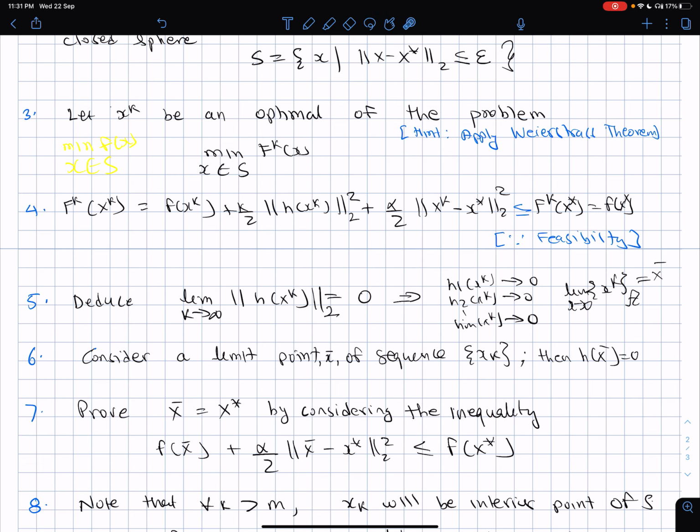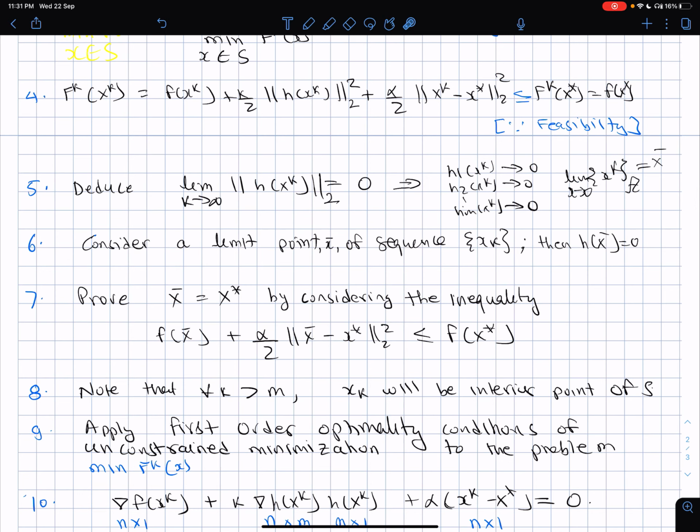Then that limit point will satisfy the condition that h of x bar is equal to 0, because it's the subsequence as k tends to infinity. The limit point meets that requirement, and therefore the limit point is a feasible point to our problem, and is in the set S as well.